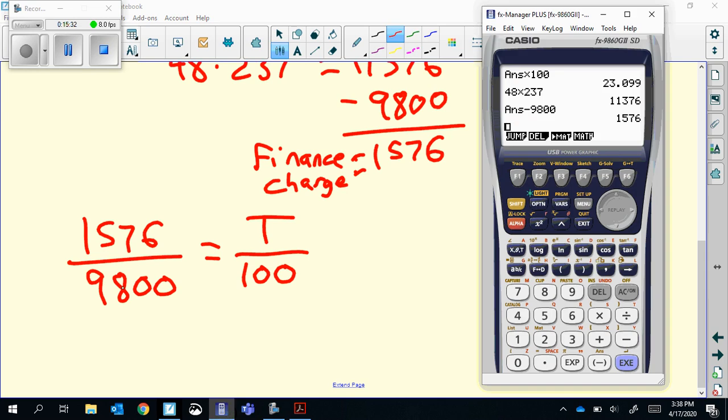So 1576 divided by 9800 and then multiplied by the 100 tells us that the table value is 16.08.